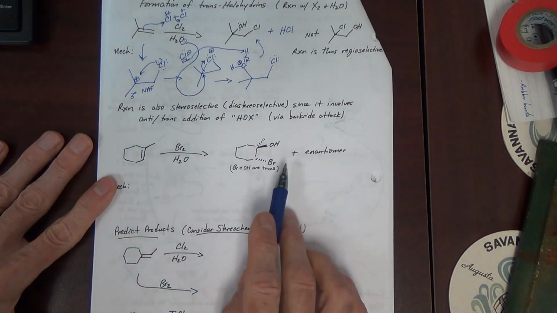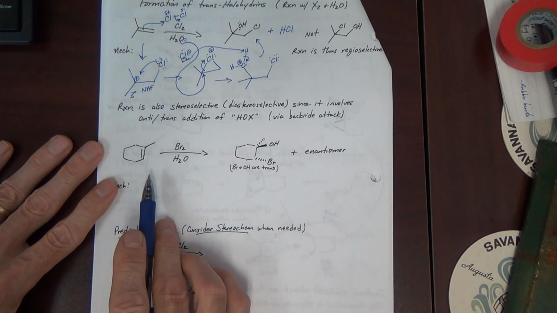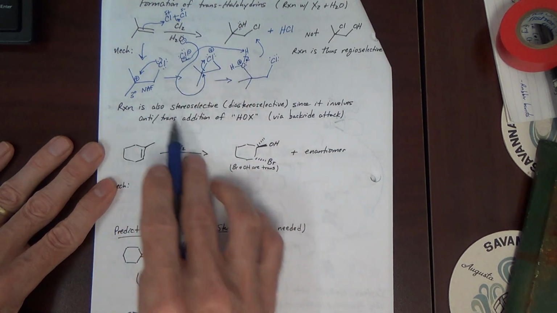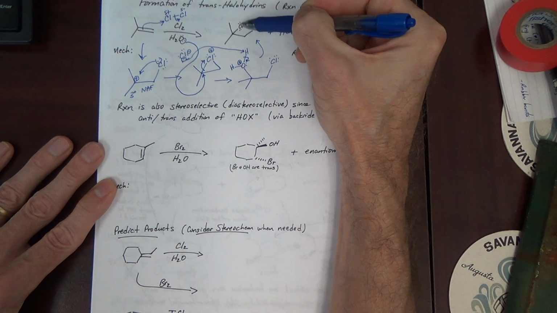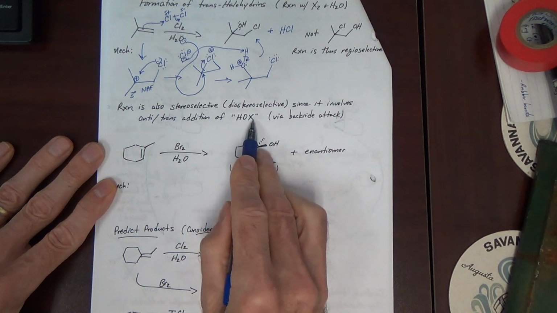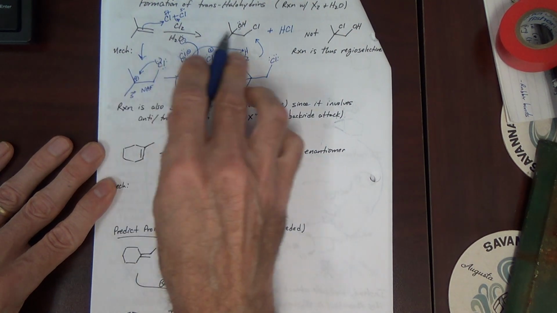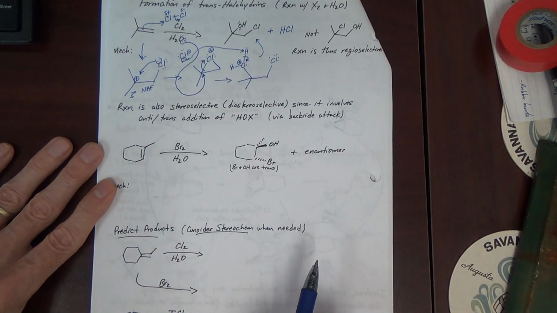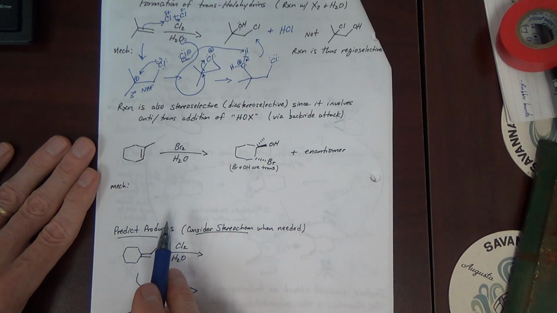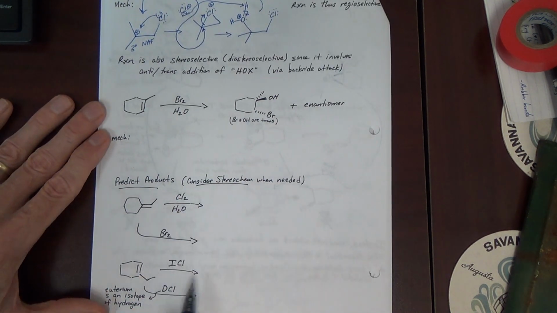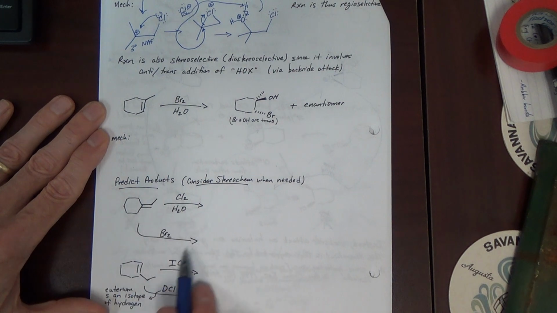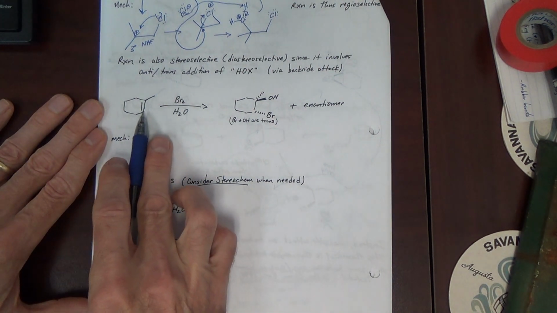Now let's look further at stereochemistry. By the way, sometimes this is called addition of HOX because we have the HO and the halogen added. That's sort of generically what's been added in this addition reaction. I want you to do these reactions on your own. We'll look at them in class. Let's see if we want to do this one here.